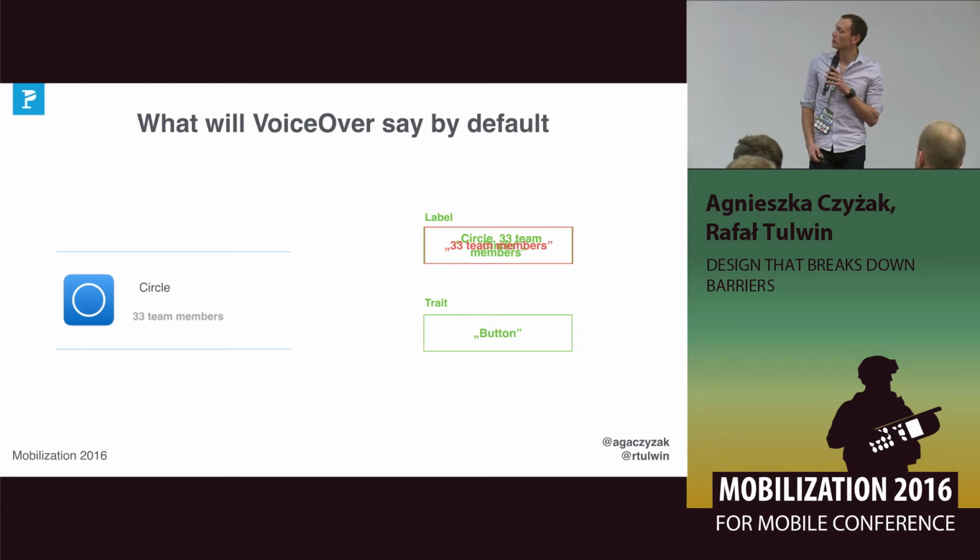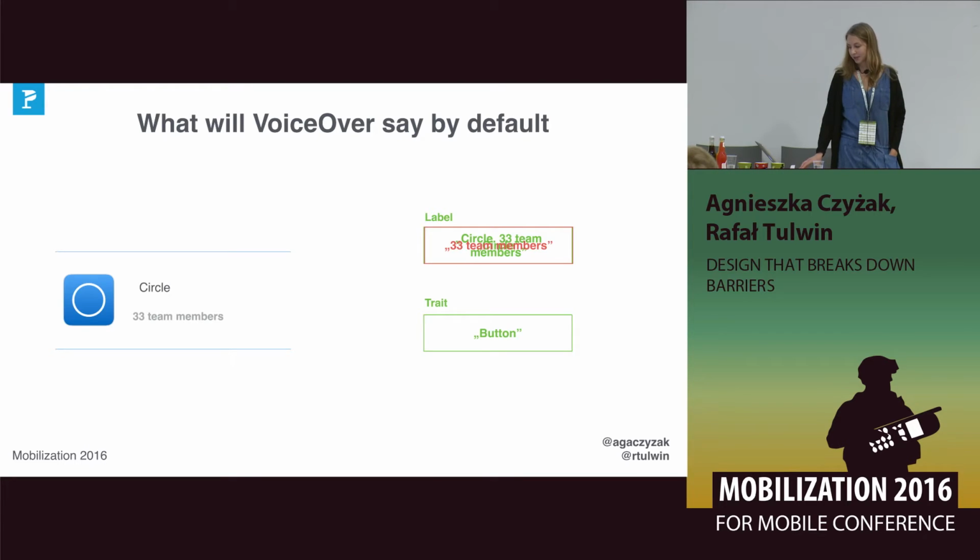And we implemented in Shuttle some more advanced UI elements and features. For example, we decided to do something like a long tap. This was also a challenge, to know how to turn it into an accessible feature for everyone. By default, the voiceover will read, as Rafał explained to you, circle, 33 team members, and the trait would be button.